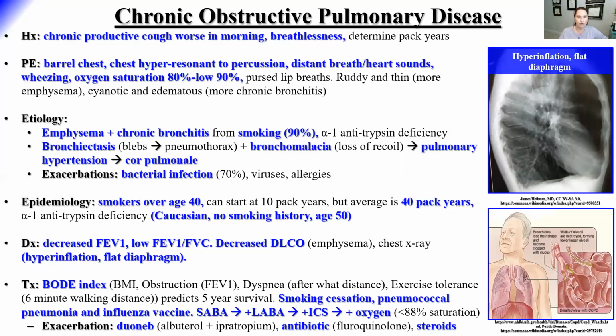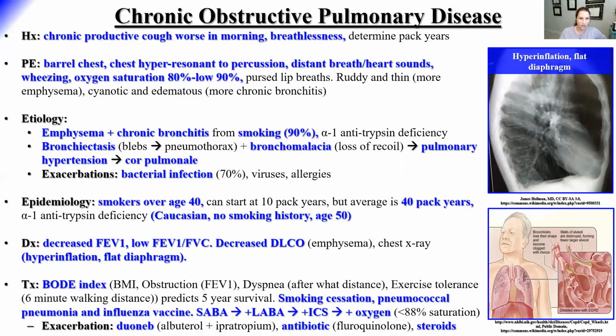The average is about 40, so you really have to do some lung damage before you get this. Remember that alpha-1 antitrypsin is going to be no smoking history, a younger person under age 50, and typically Caucasian.